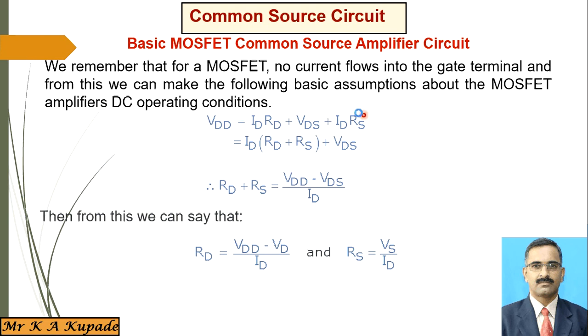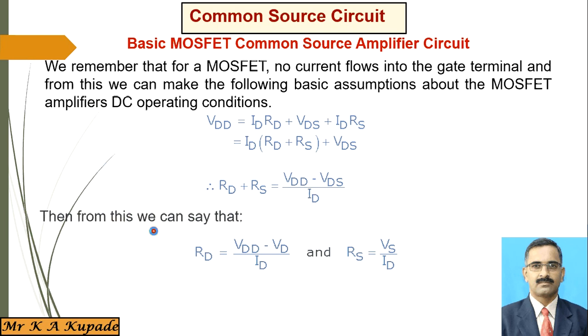ID gives the current, and RS gives the voltage across the resistance RS, and this is RD. So VDD equals ID into (RD plus RS) plus the VDS voltage. So RD plus RS is nothing but VDD minus VDS divided by ID.